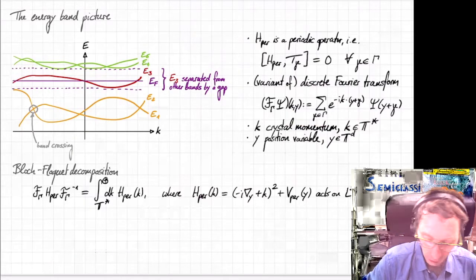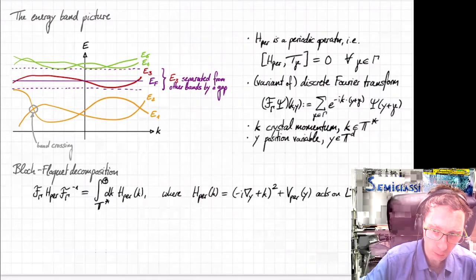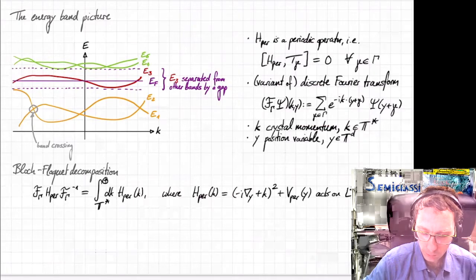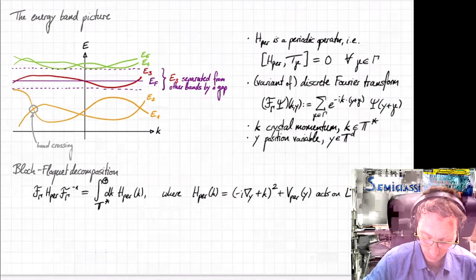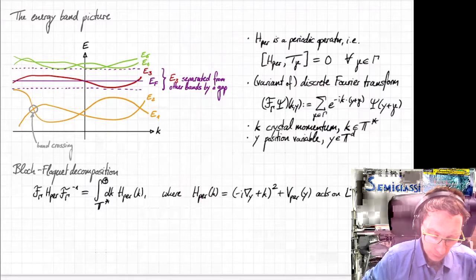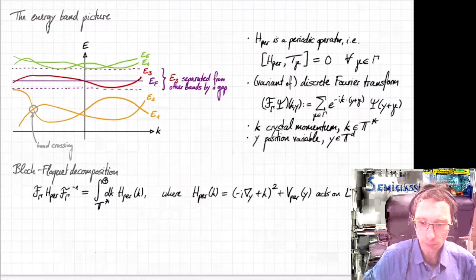To be more precise, if you use the Bloch-Floquet-Sachs transform like I did here, then this acts on periodic functions. So you have to impose periodic boundary conditions and use the H2 regular functions on the torus. But okay, this operator, you know certain facts.